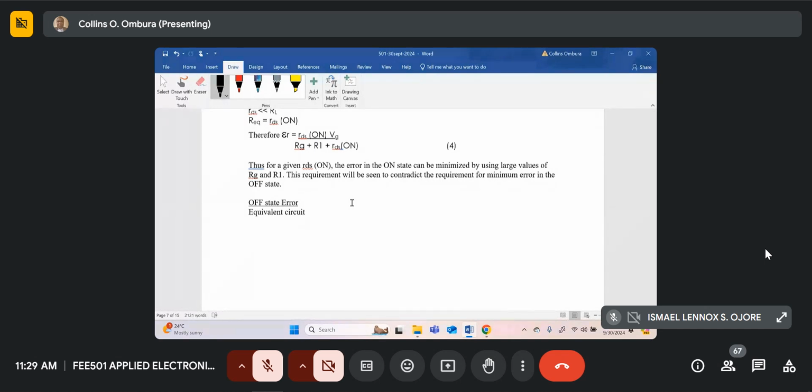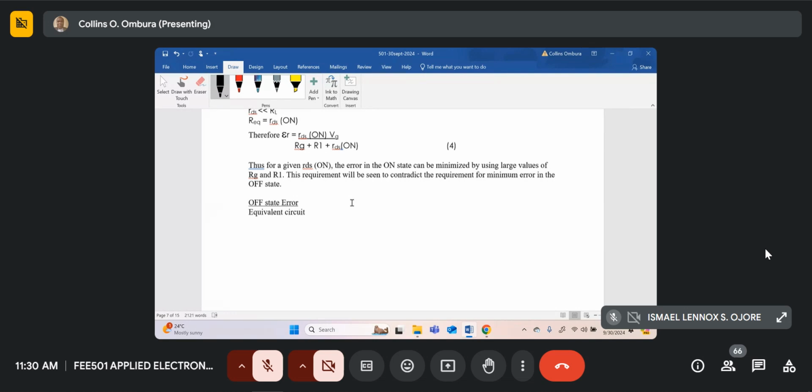So I've concluded that for a given RDS on, that means a given FET or a given device, the error in the on state can be minimized by using large values of RG and R1.